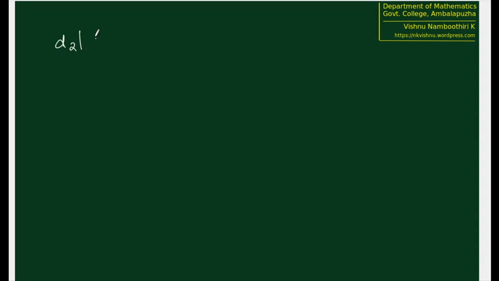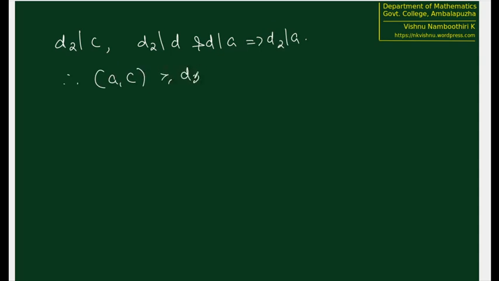D2 divides C and D2 divides D and D divides A implies D2 divides A. Therefore, GCD of A and C must be greater than or equal to D2.